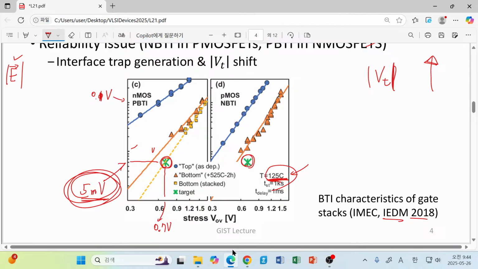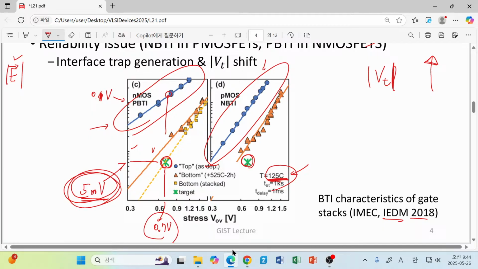So simply, this experimental data shows that, according to their article, at the starting point, this was their initial technology. At the initial technology, their device can show more than 0.1 volt difference in the threshold voltage in the same stress condition.